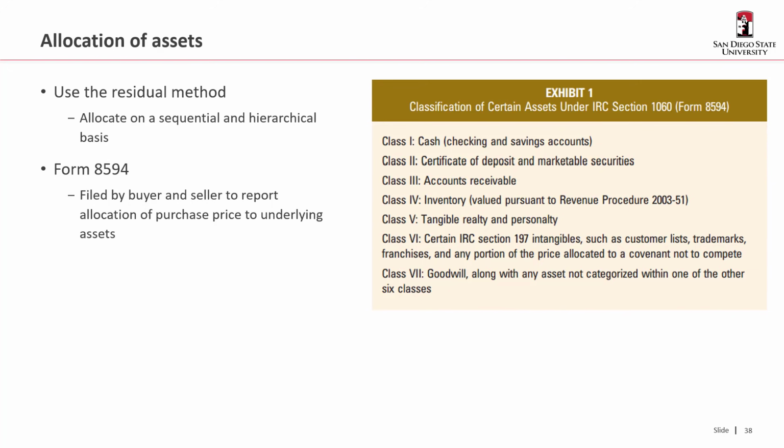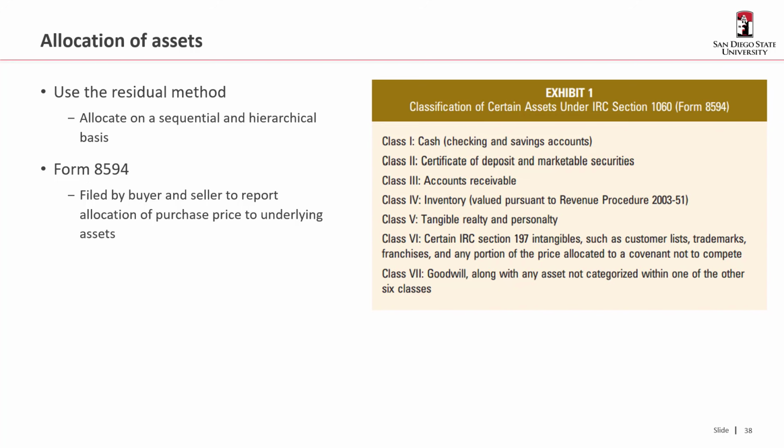So the idea is you're supposed to use what's called the residual method, which means you allocate basis on a sequential and hierarchical basis. You file Form 8594, which we're not going to make you guys do, but it is an interesting form to look at just to see how it scopes out. So the classification of certain assets under IRC Section 1060. So first, everything is allocated to cash, right?